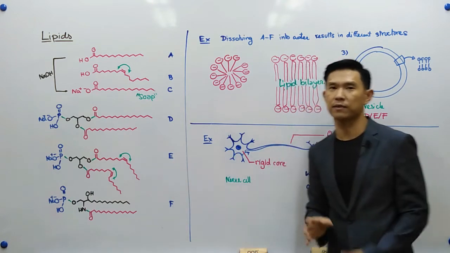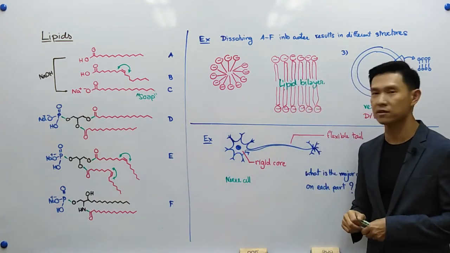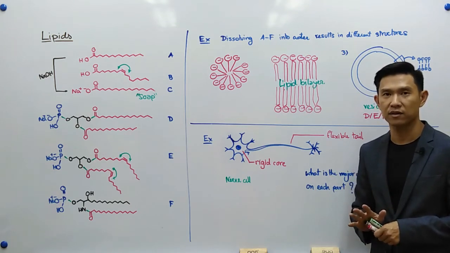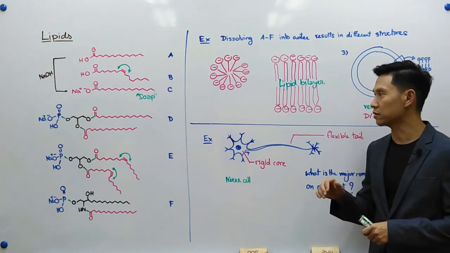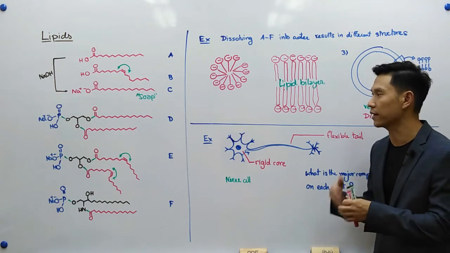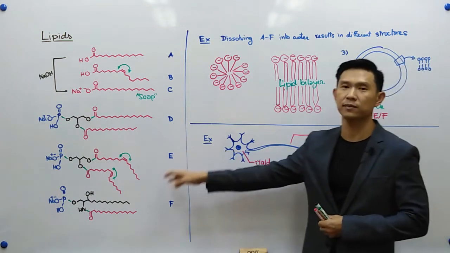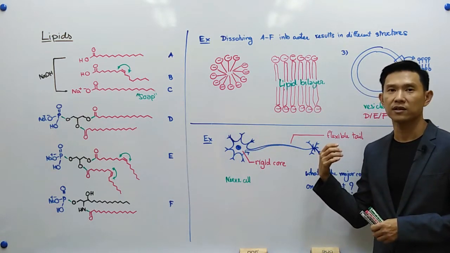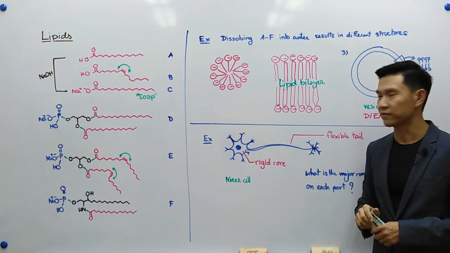I give you maybe several minutes to think about it. You can pause the video right now, and after you finish, I will show you the answer, the reason behind it, and why this cis isomer is very important in the cell membrane. Okay, so pause the video now.